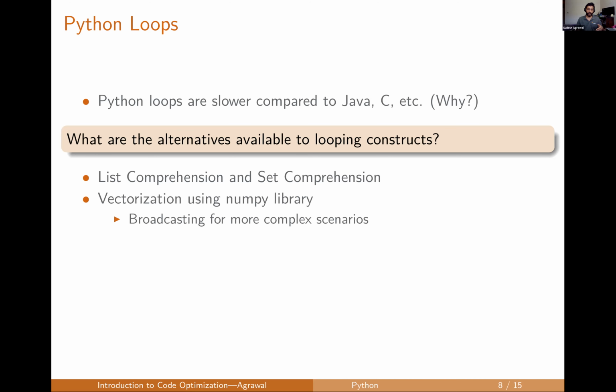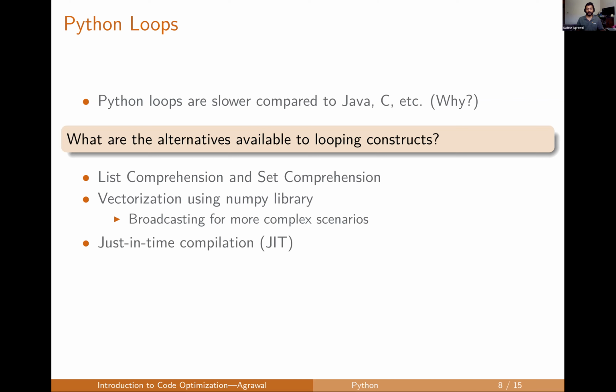In my demo, we'll do some demos on these things, and then we'll do an activity too. But in my demo, I'll just use some simple examples. If you want to use vectorization in complex scenarios, you'll also have to look into what's called broadcasting. We'll not go into details here, but you can look it up and learn how to do broadcasting.